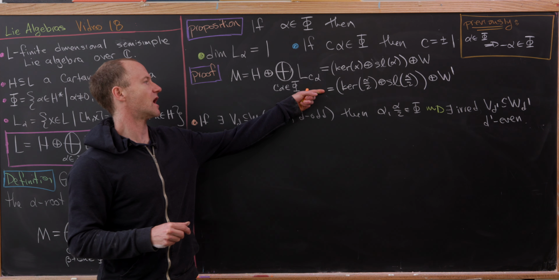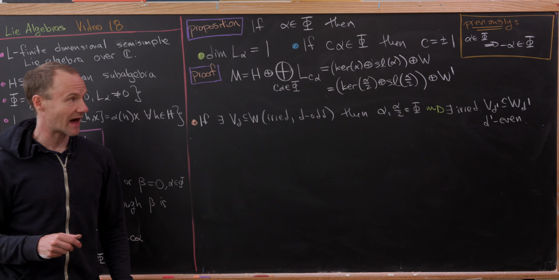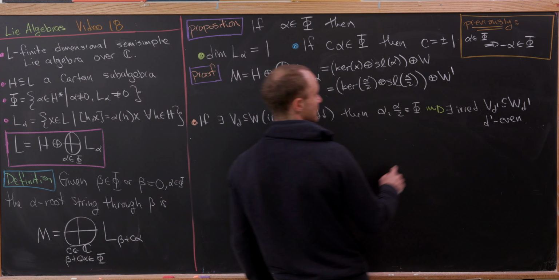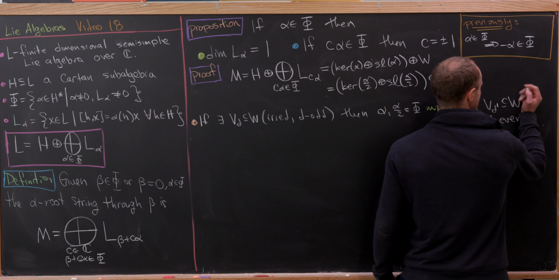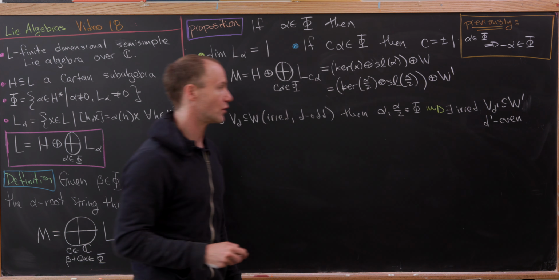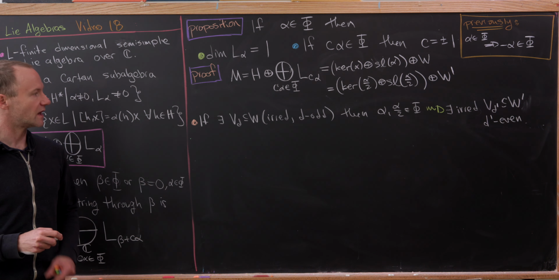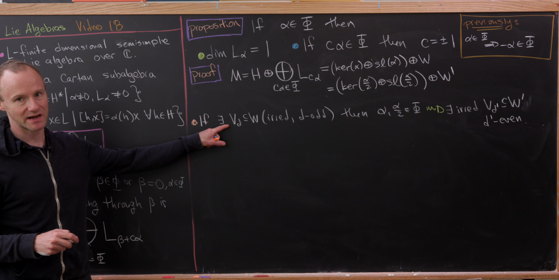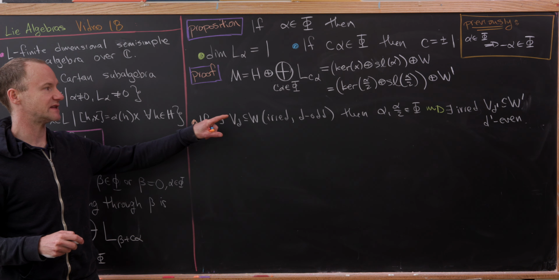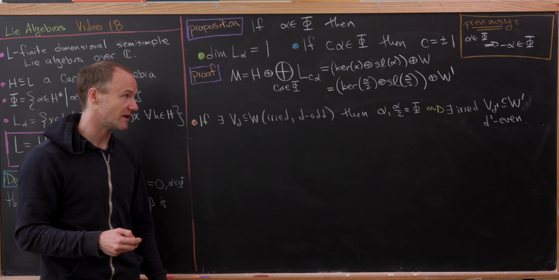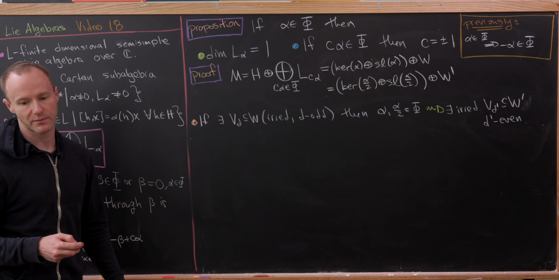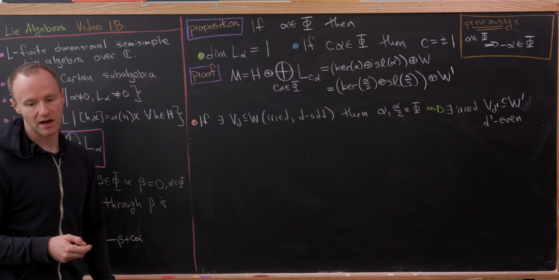But then that gave us this other decomposition, and from that we were able to show that there must exist a VD prime, where that's another simple SL, in this case alpha over 2, submodule of W prime, but in this case D prime was even. So in other words, if we've got one of these odd irreducible representations, then that implies that we can build another decomposition and get an even irreducible subrepresentation of that decomposition.